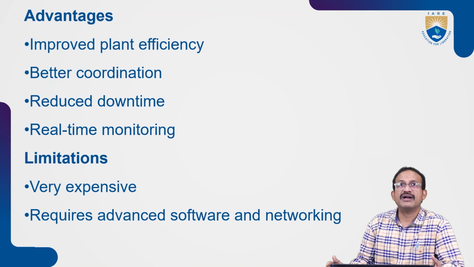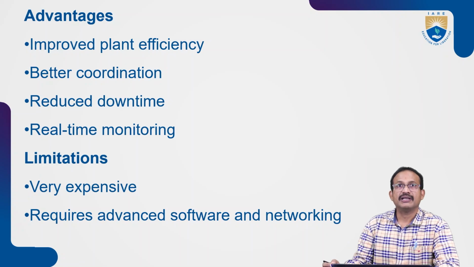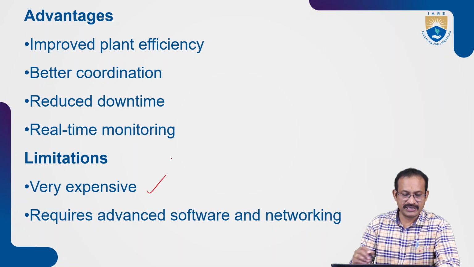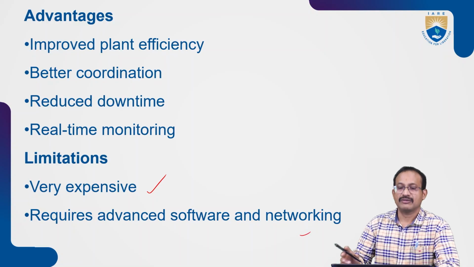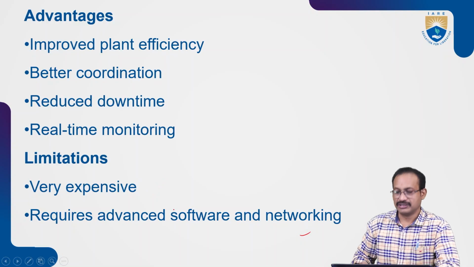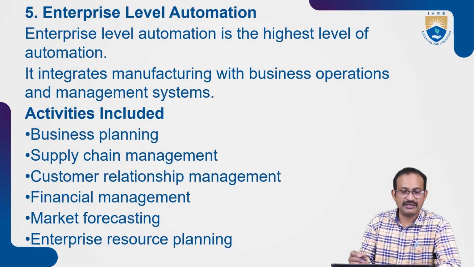Advantages: improved plant efficiency, better coordination, reduced downtime, real-time monitoring. Limitations: very expensive, requires advanced software and networking. Next, enterprise level automation. Enterprise level automation is the highest level of automation.